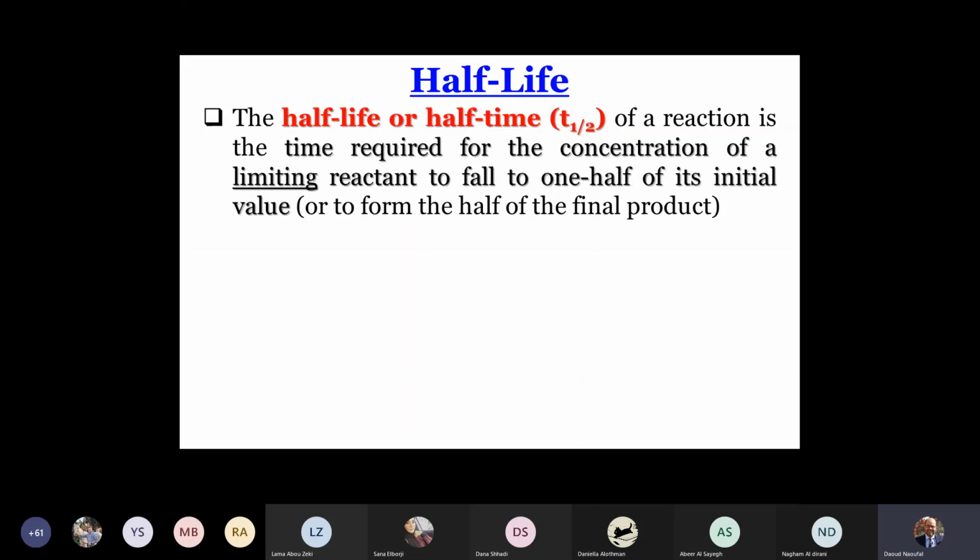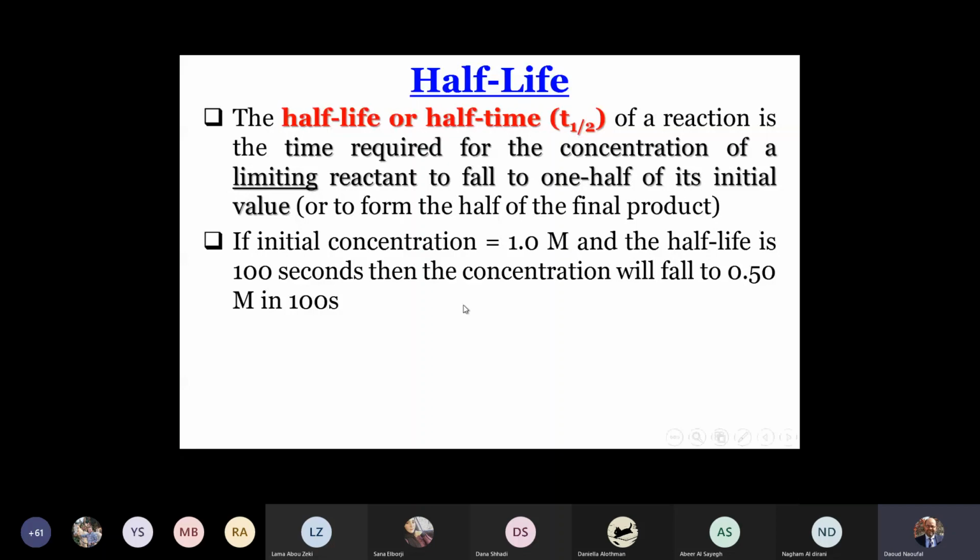The half-life or half-time, noted t-half, of a reaction is the time required for the concentration of the limiting reagent, pay attention, the limiting reagent, to fall to 1/2 of its initial value, or we can write it as the time needed to form half of the final product.